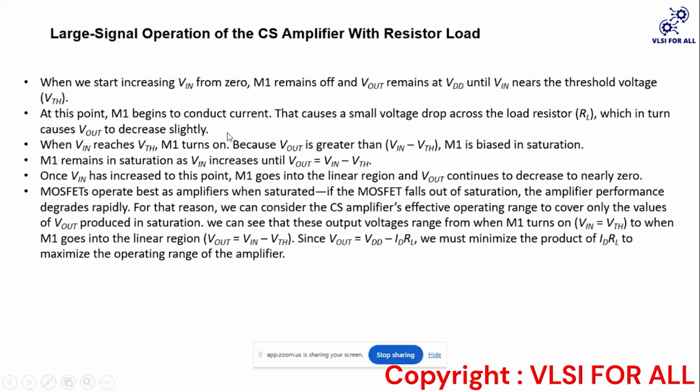When a small amount of current flows, there will be some voltage drop across the load resistance, that is RL or RD, and because of that our V out will start to decrease, right? So when V in increases to Vth, M1 will be turned on, and V out will start to decrease. Let me show you the curve here, how it is going to be.